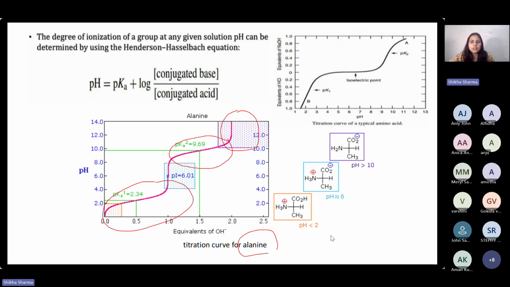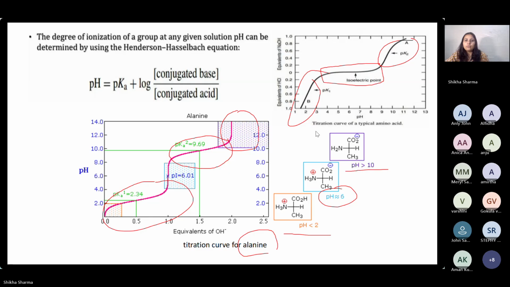At low pH it shows an overall positive effect, and at greater than 10 it shows an overall negative effect, but at pH 6 it is electrically neutral. This region is basically known as the isoelectric point. This is pK1 and this is pK2. The degree of ionization of a group at any given pH of the solution is determined by this equation.